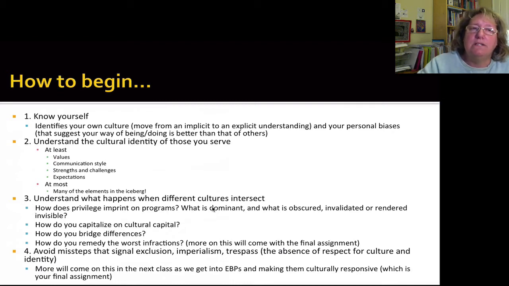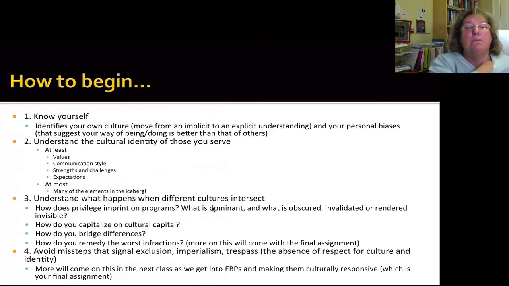You also want to begin to explore what happens when different cultures intersect. In many cases, you will be evaluating a program with minority identified service users. And so you'll be wanting to understand their experiences, and you need to begin to understand how privilege imprints on programs.